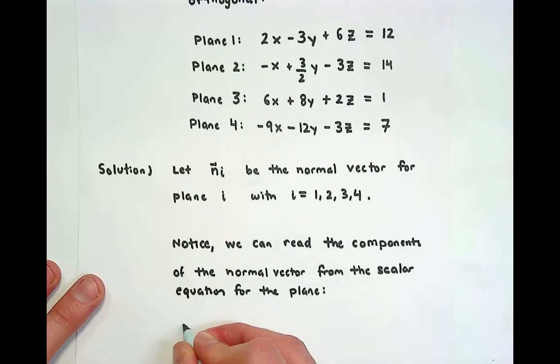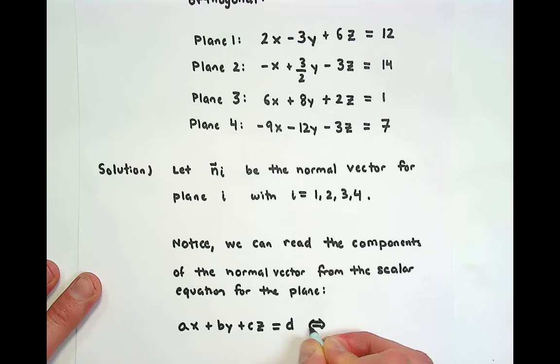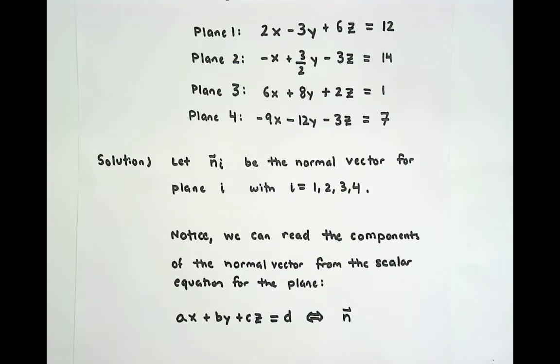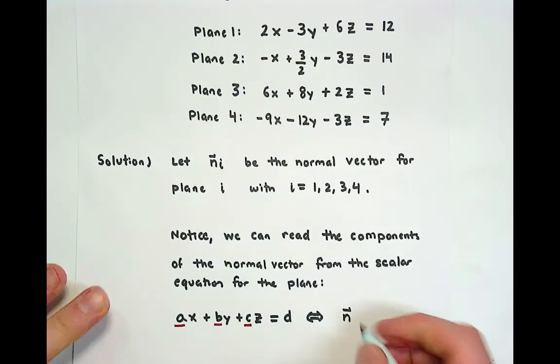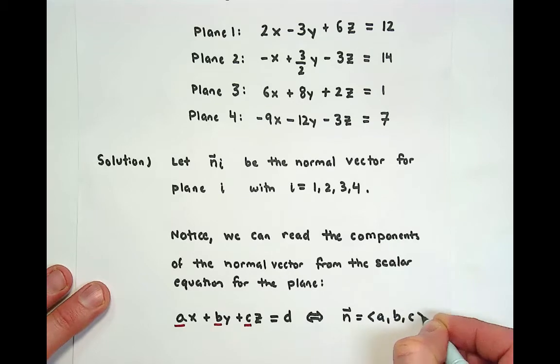In particular, if you had the equation ax plus by plus cz equals 0, we would read the components of the normal vector for this plane from the coefficients on the x, y, and z variables. In this case, we would say this has normal vector a, b, c.